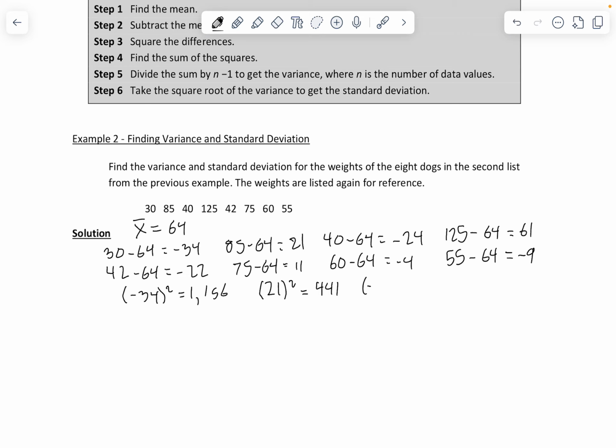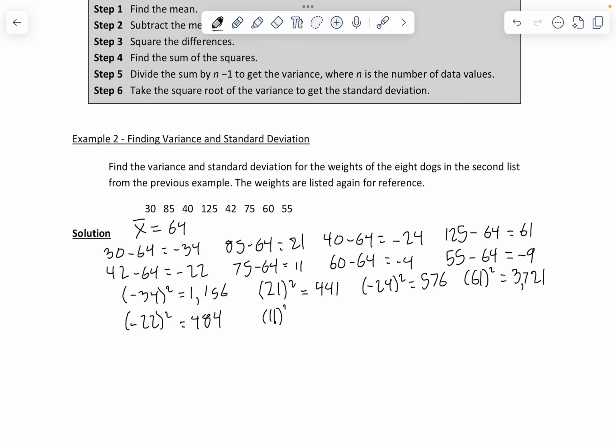Then negative 24 squared equals 576. And 61 squared equals 3,721. Then negative 22 squared equals 484.